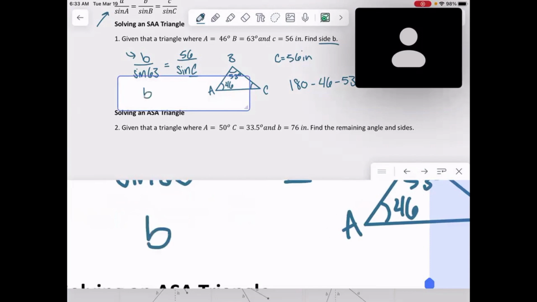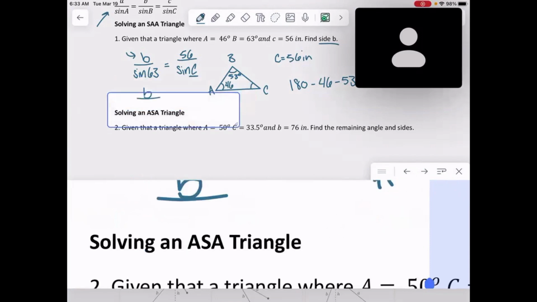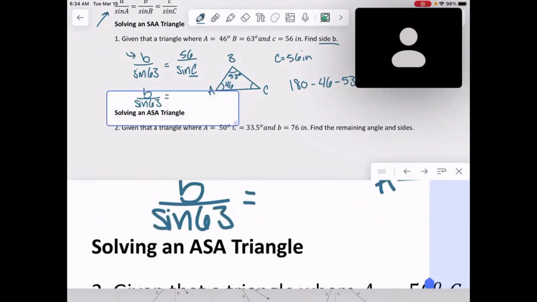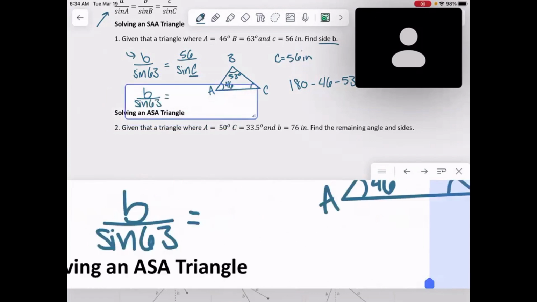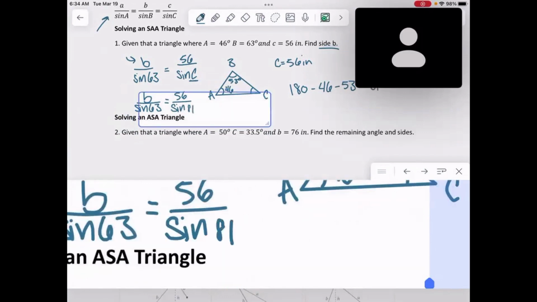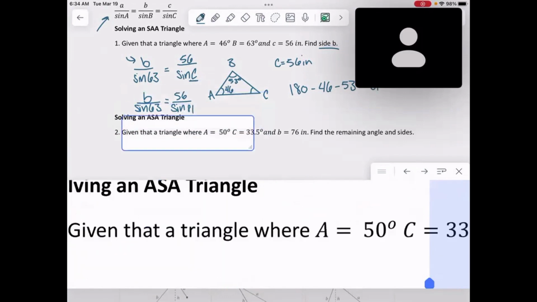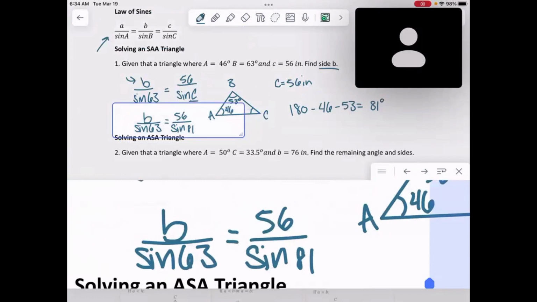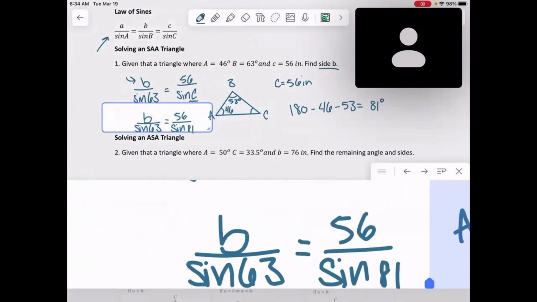Okay, so now we can plug that in. We got B over the sine of 63 equals 56 divided by the sine of 81. In order to solve, we just multiply the sine of 63 over to both sides.